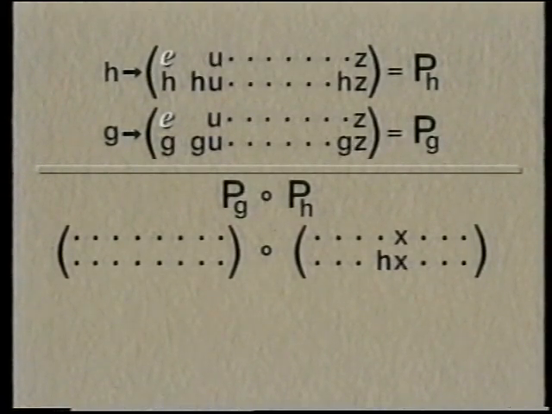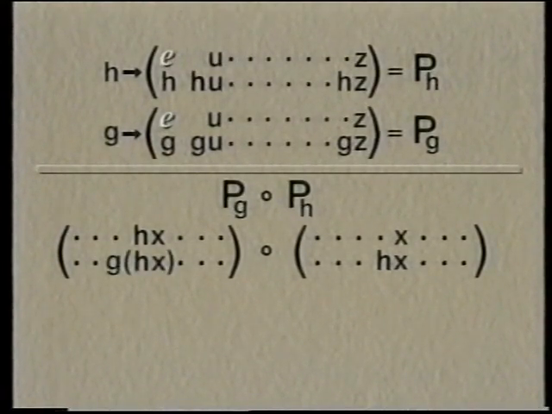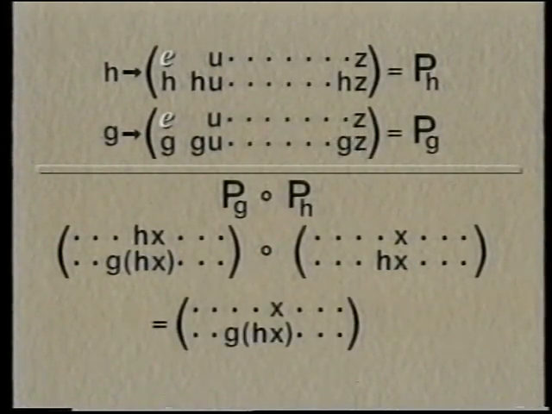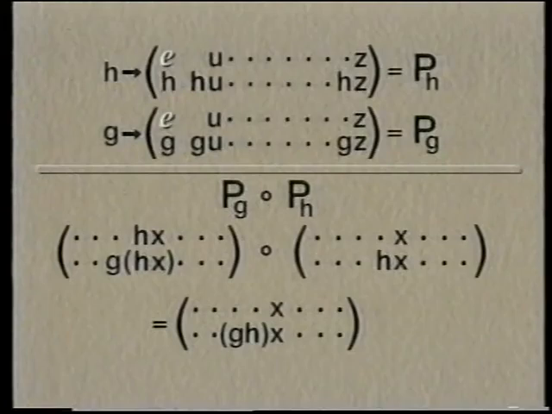But hx is an element of the group, so it appears somewhere in the top row of the permutation PG. And it's mapped by PG to the element g times hx. So in the composition, x is mapped to g times hx, which is the same as gh times x by associativity.